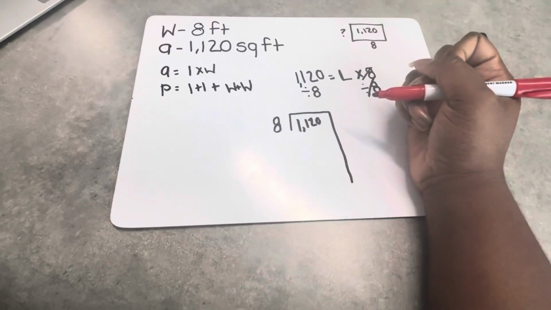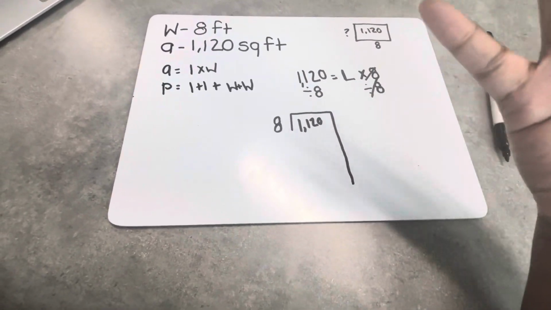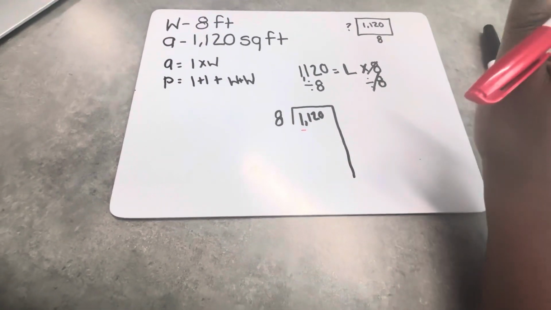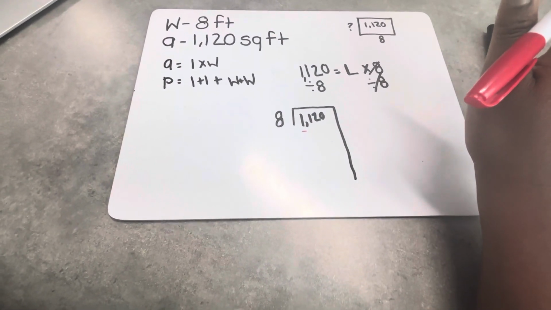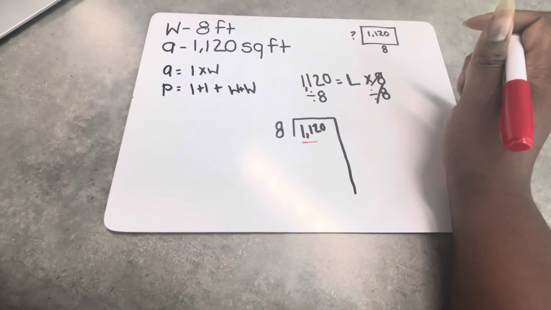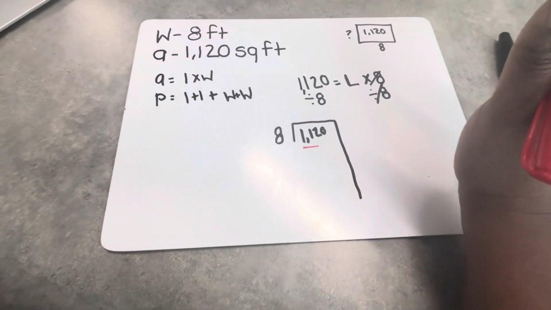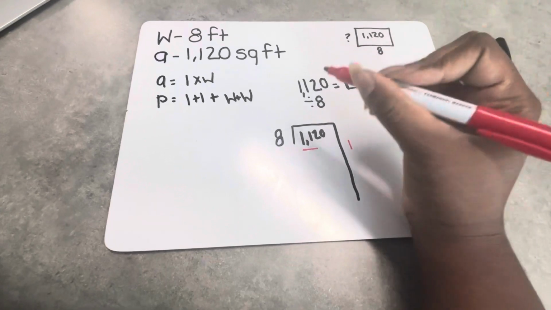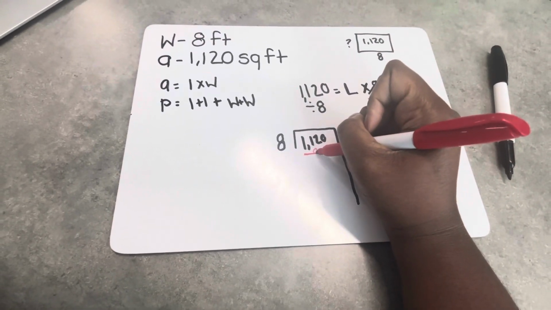What number can I multiply by 8 to get me close to 11? I know I can multiply 1 by 8, and that's going to give me 8.